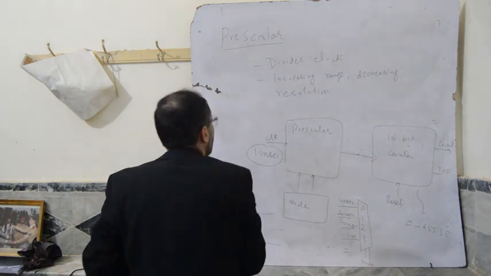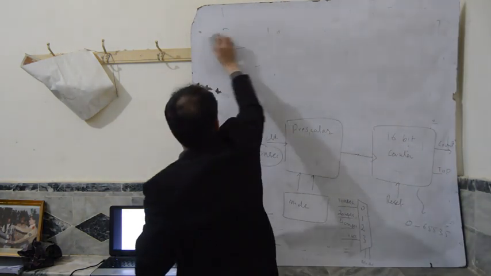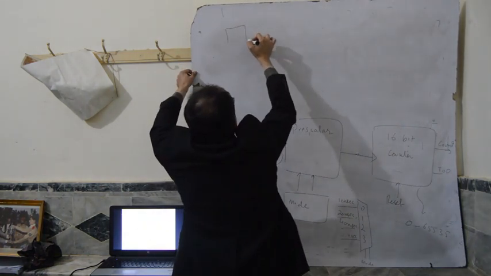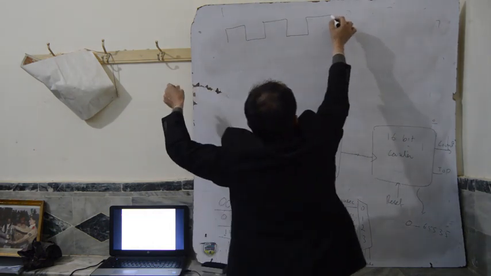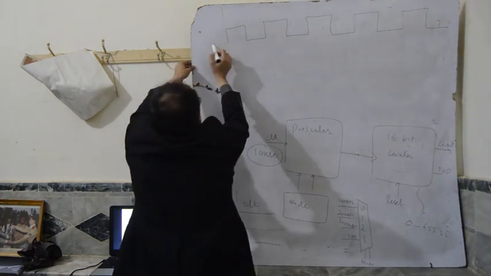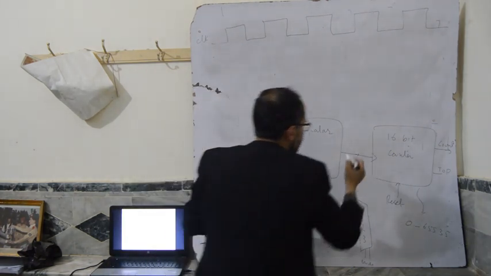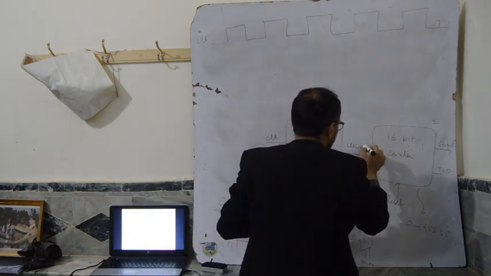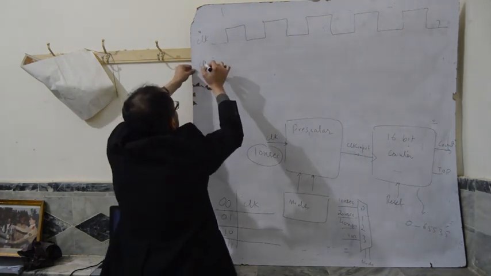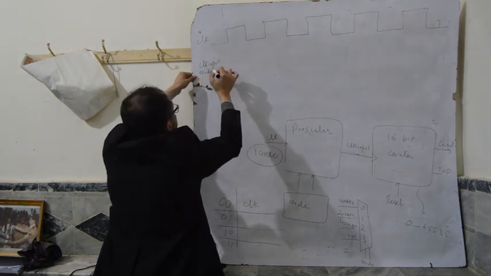I will explain with an example how the clock is divided. So now let's assume that you have a clock like this. And now this is your clock input in mode 00.